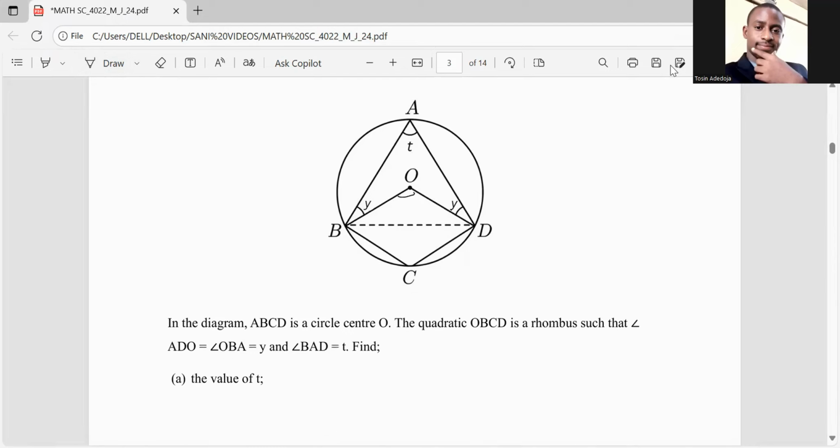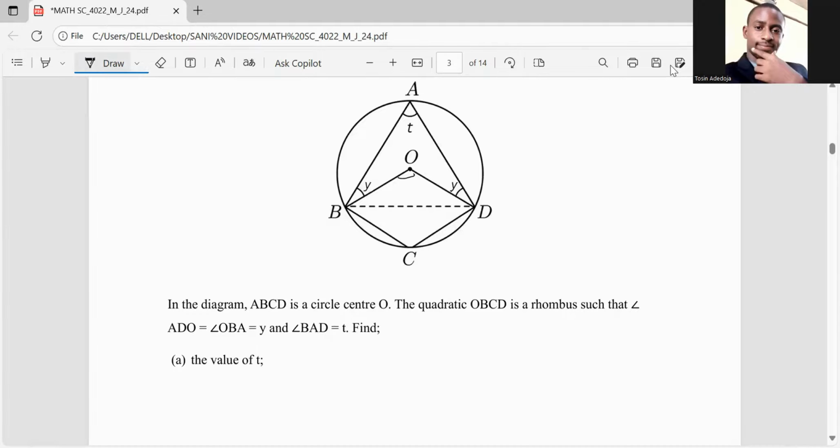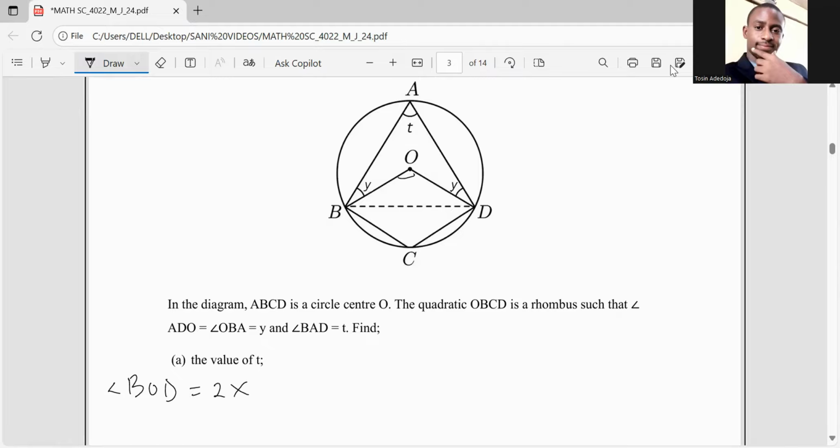Angle at center is 2 times angle at circumference. So angle BOD equals 2 times T, which is 2T.